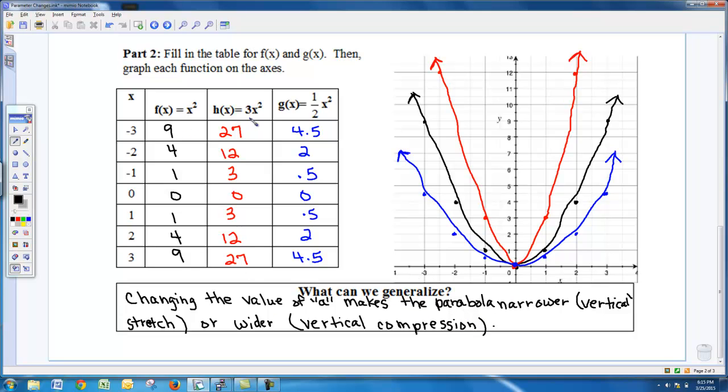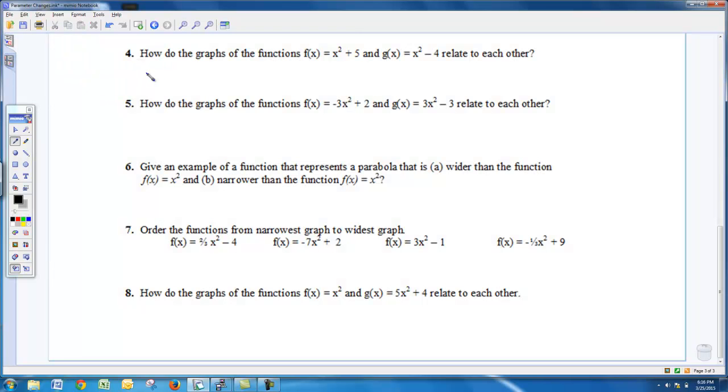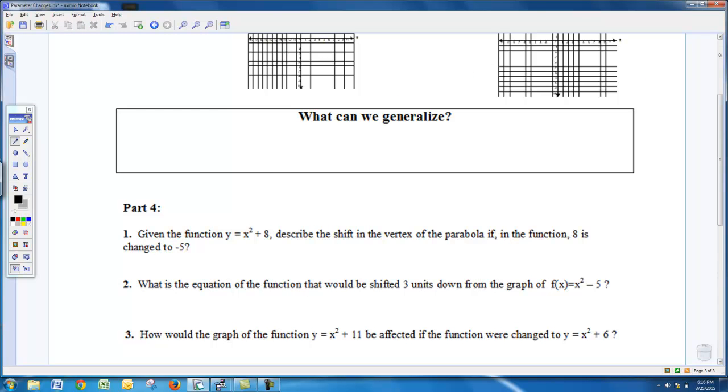It gets narrower when the number in front of the x squared is bigger than 1. It gets wider when the number in front of x squared is a fraction or something in between 0 and 1.